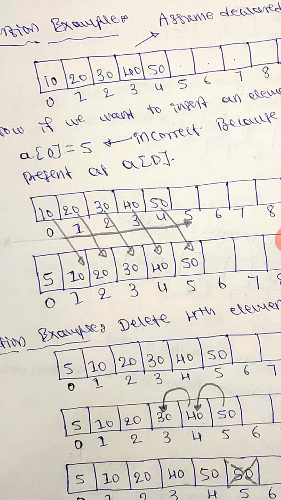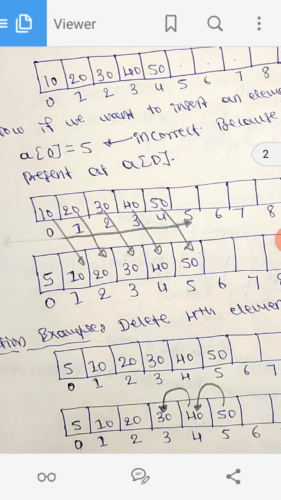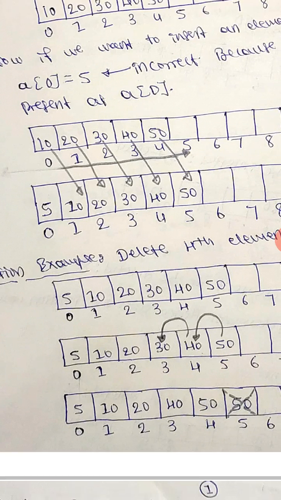After performing these operations, then I can say that array of position equal to my new element. And this logic is applicable both for inserting an element at the beginning as well as at the middle. Whereas in case of deletion, again we are making use of the same logic.